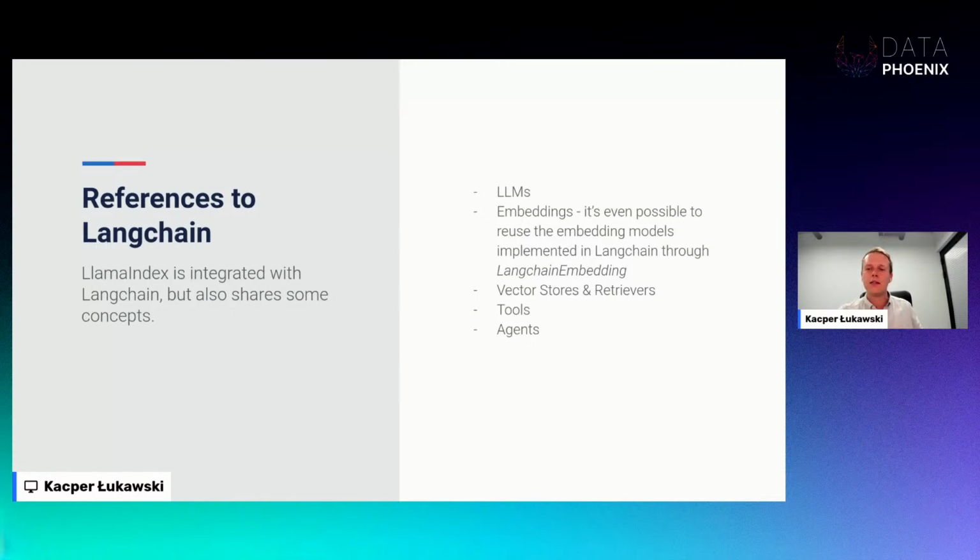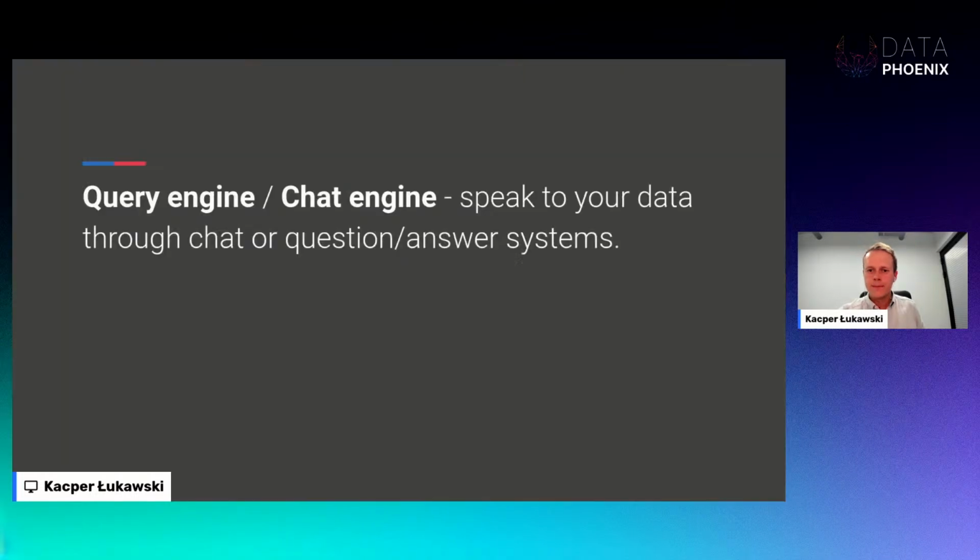And that makes Llama Index fairly simple and limits the number of dependencies and things to maintain. There are also vector stores and retrievers. They have similar meaning, tools and agents. So there is not much difference. But Llama Index is a bit simpler compared to LangChain. It focuses more on some transformations on the data and building whole processes, but not on providing you the integration with all the possible tools available out there.